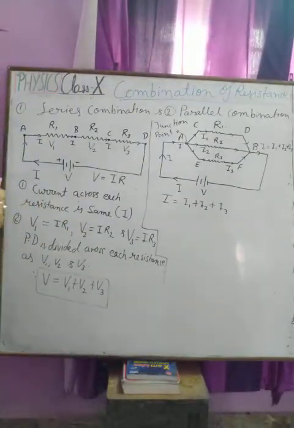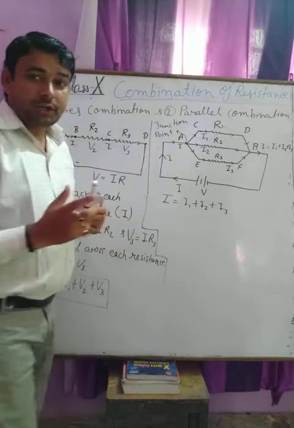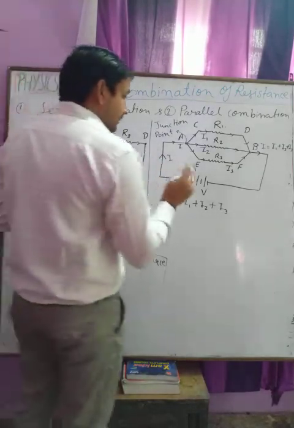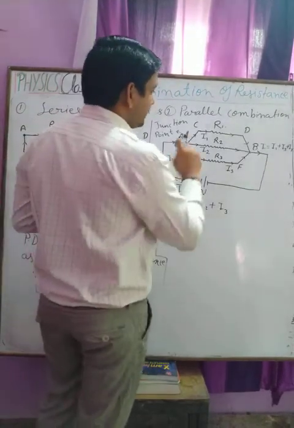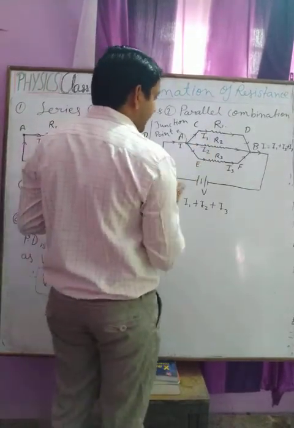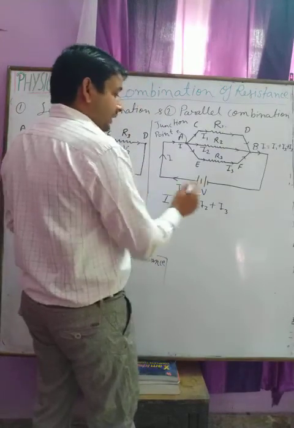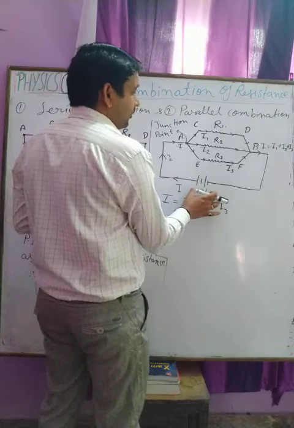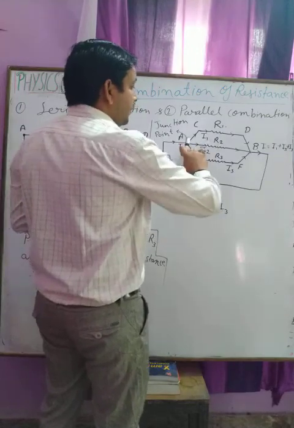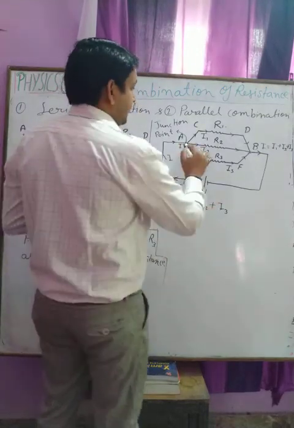Clear? Now what about the voltage? The voltage is the energy carried by the current passing through the different resistors. The total voltage of the battery, the potential difference of the battery, goes through any path.